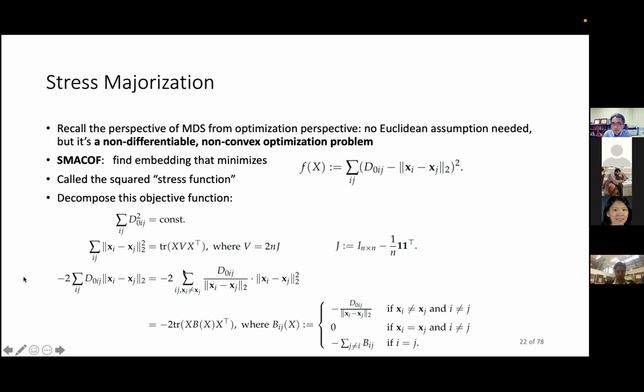You write the sum of the pairwise distance between the 2 vectors in a trace format, and then you rewrite the whole thing this way. Okay, and then here, what is b sub ij?